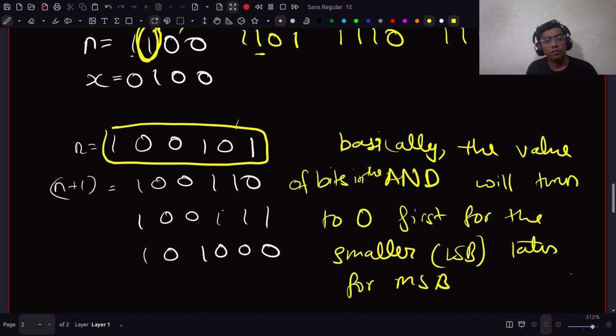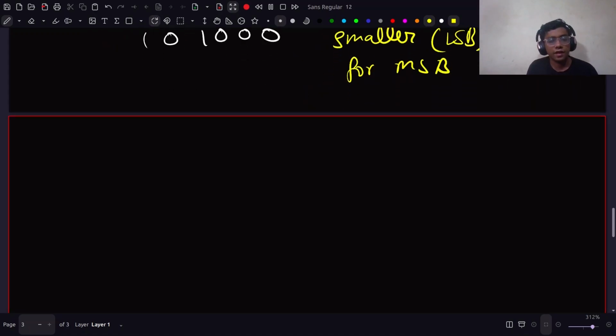And the way this pattern goes is eventually the AND will become 0, right? Eventually the AND is going to become 0.